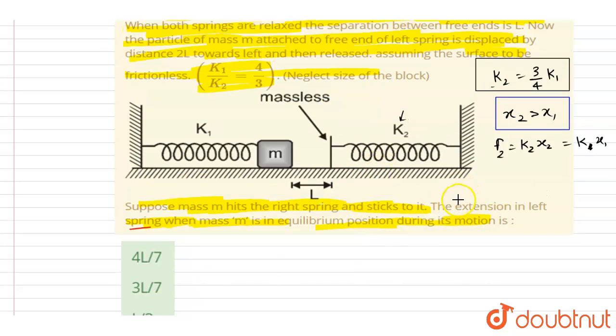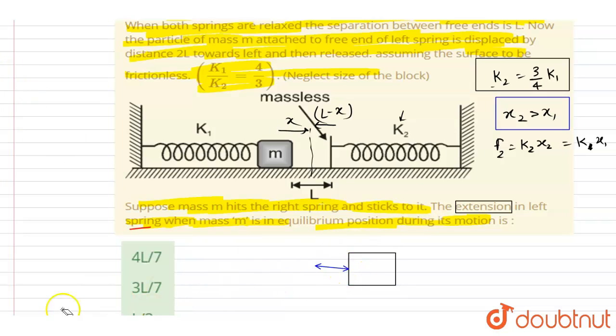An extension is asked. So this can be a case here. Let's say it is extended by some x and this is extended by some distance L minus x. Then it is possible that F1 equals F2 and the net force on the block is 0. So let's see.